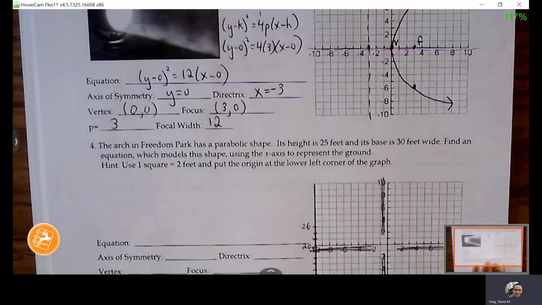Let's look at number 4 here. The arch in Freedom Park has a parabolic shape. Its height is 25 feet and its base is 30 feet wide. Find an equation which models the shape using the x-axis to represent the ground. Use 1 square equals 2 feet and put the origin at the lower left corner of the graph.